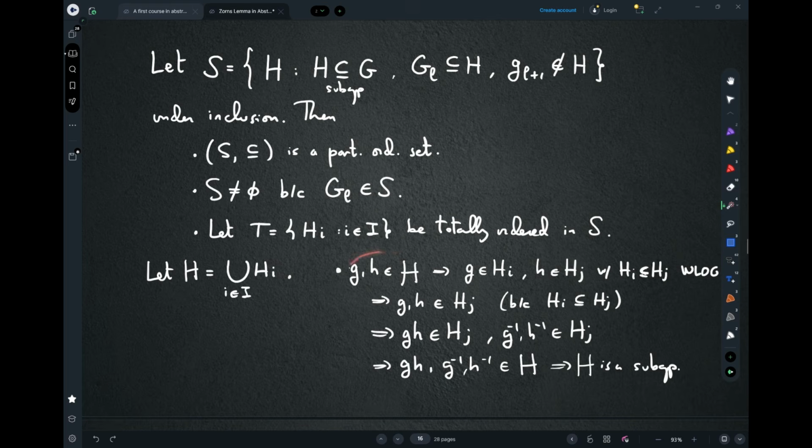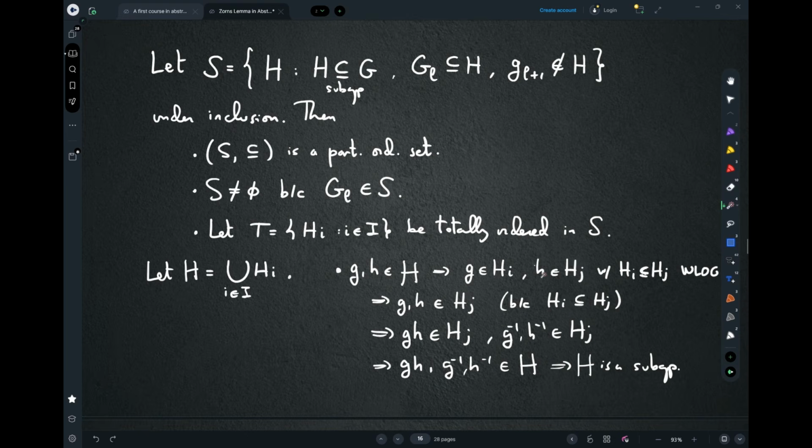So let g and h be in H. Since it is in the union, g will have to be in some H_i, and h will have to be in some H_j. But since H_i and H_j have to be comparable, let's, without loss of generality, assume that H_i is contained in H_j.